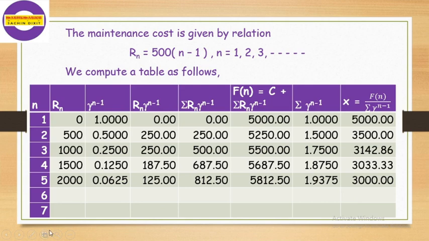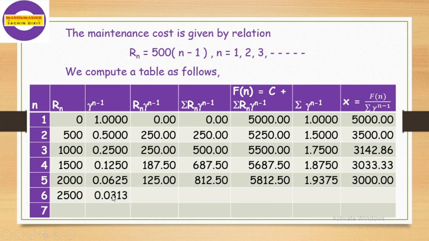So we come to the next, that is the sixth year. For n is equal to 6, 6 minus 1 is 5, 5 into 500, that is 2500. Then gamma is 0.5, n is 6, 6 minus 1 is 5, therefore 0.5 raised to 5 gives 0.0313.